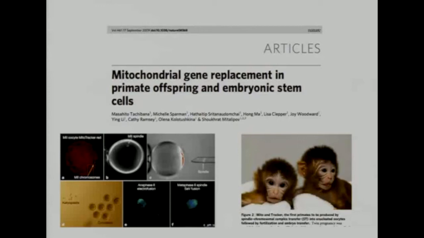This paper was published in 2009, I believe. So these monkeys are now more than 6 years old and apparently doing quite well. So you can manipulate the nuclear chromosome, do these transfers, and produce healthy primates. So in the UK, actually, Parliament approved that. That was why it was in the news recently.